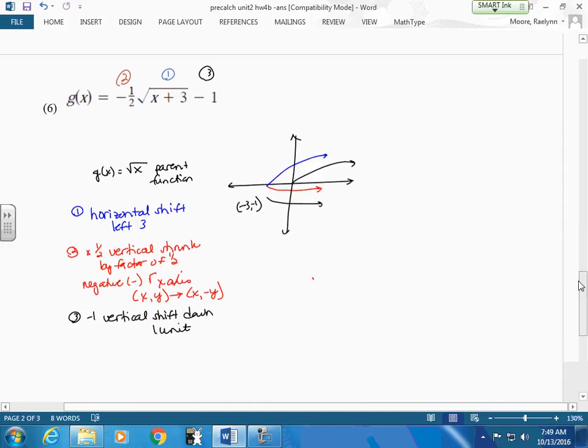And your last guy, a square root function. So you're going to shift 3 units to the left. You're going to do a vertical shrink by a factor of 1/2. And then you're going to do a reflection.